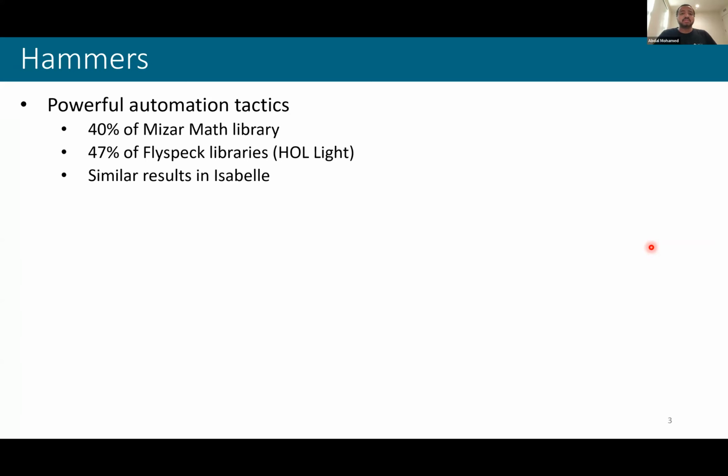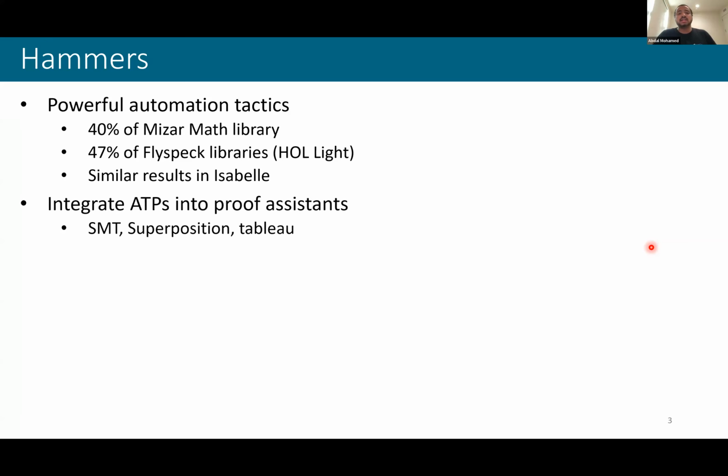And there are, of course, also similar results in the Flyspeck library in HOL Light and similar results in Isabelle too. So those hammers are basically tactics that integrate those theorem provers with automated theorem provers from several domains, SMT, superposition, or Tableau calculus, etc. And the hammers basically send those goals to several automated theorem provers and pick the one that gets the solution first.